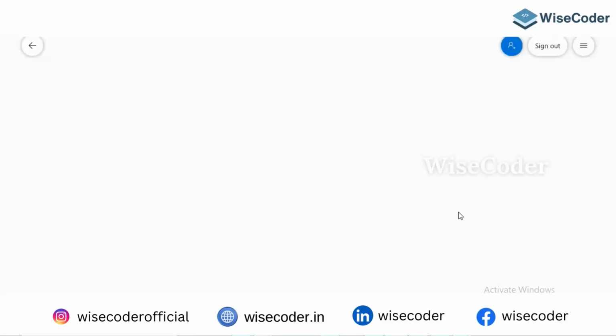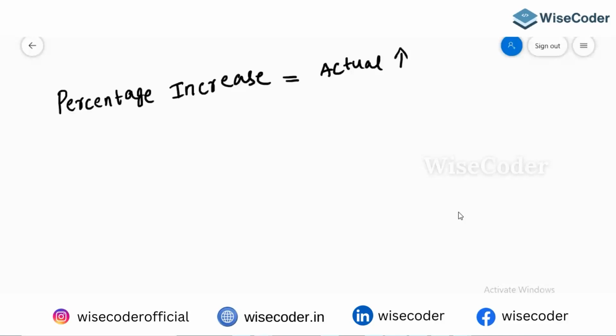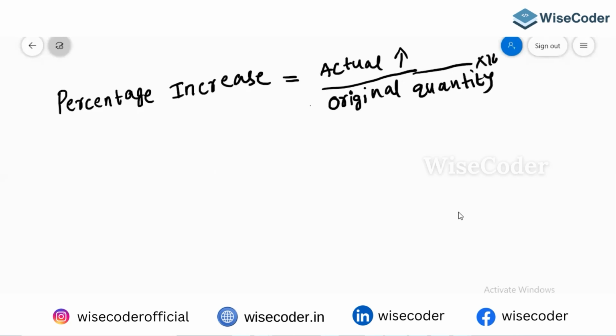Percentage increase formula: actual increase by original quantity, into 100.